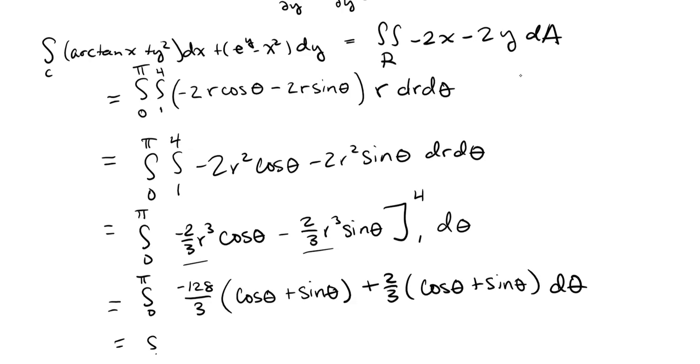So let's take a real quick second to factor this. We've got this front coefficient of -128 and then plus a 2, so we would have -126 thirds, and that's going to be times cosine theta plus sine theta, d theta.